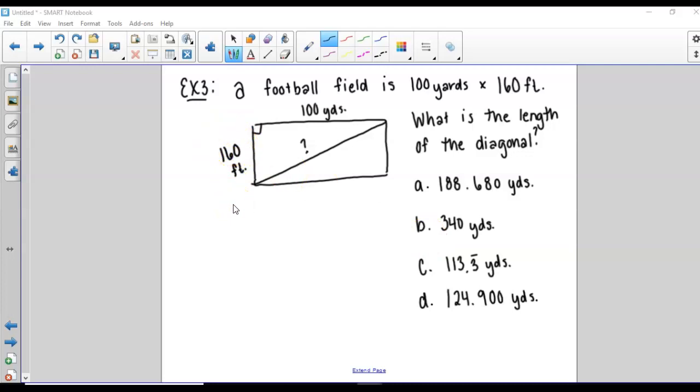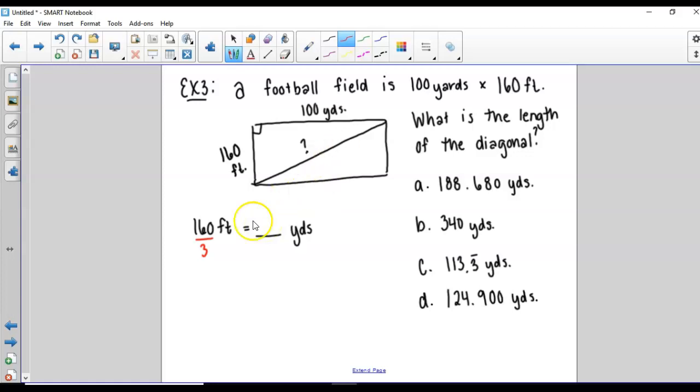Okay? So, since all of our answer choices are in yards, let's change everything to yards. So I'm going to leave the 100 the same. How would I change 160 feet to yards? We're going to divide it by 3. Right? Because we should have fewer yards than we do feet.